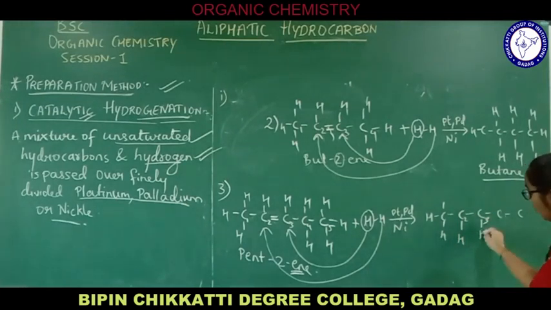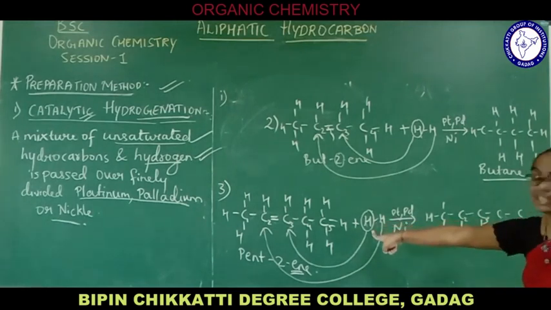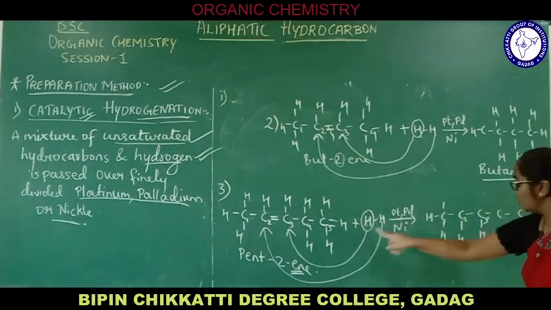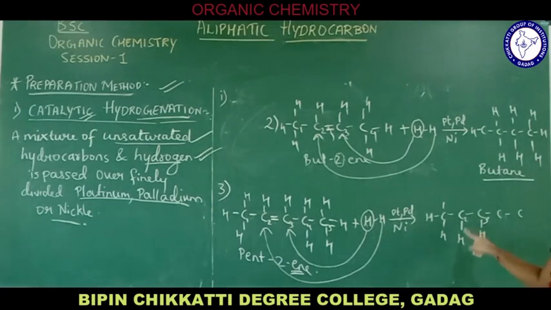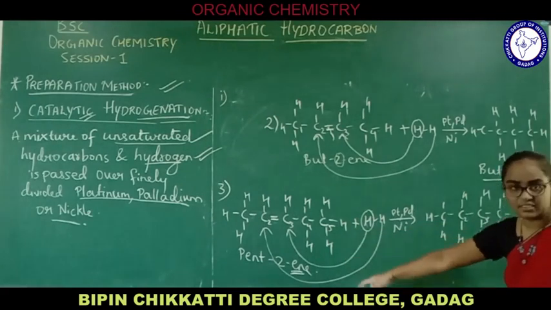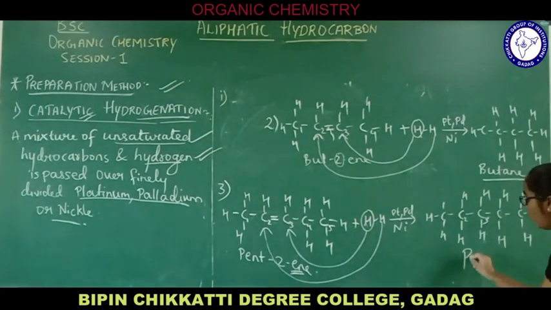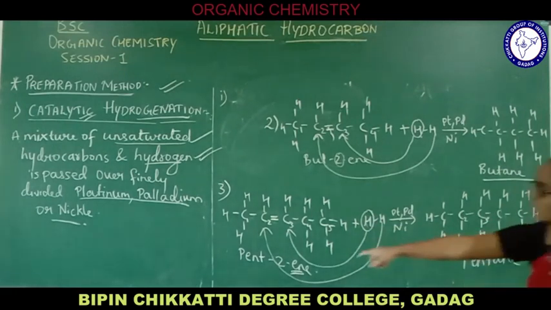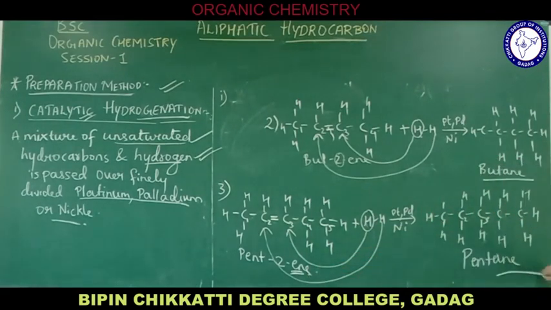So these are the 2 hydrogen atoms which have come from the second reagent, between 2 and 3, and the remaining hydrogens just write down as they are, right. So this is how pent-2-ene is getting converted into pentane.